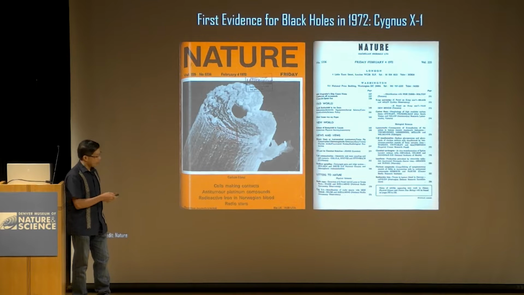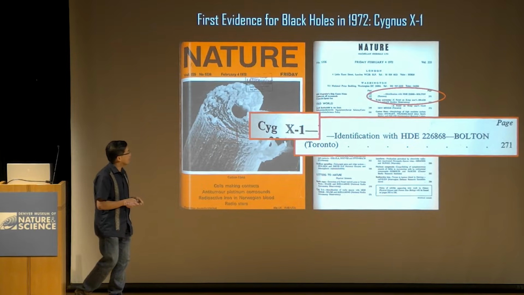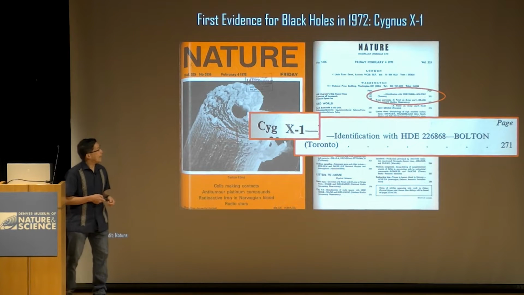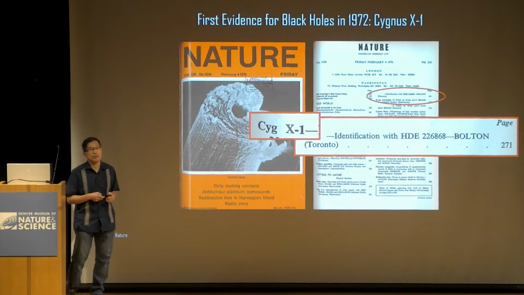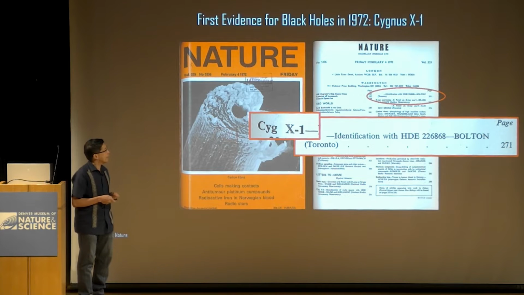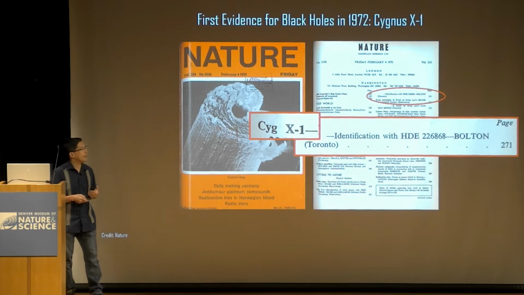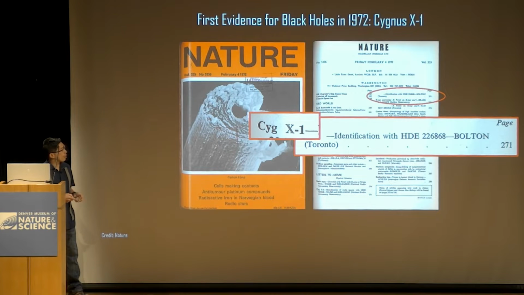And it was first published in Nature by an astronomer, Tom Bolton. He realized that his observations show that this X-ray source in Cygnus, or Cygnus X-1, was associated with this star. And it appeared that a black hole was in fact in orbit around the star.